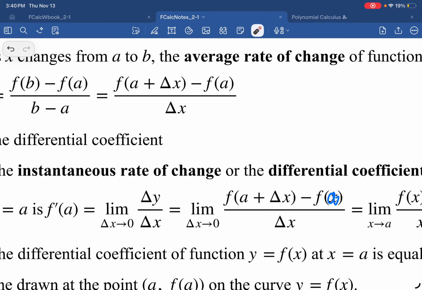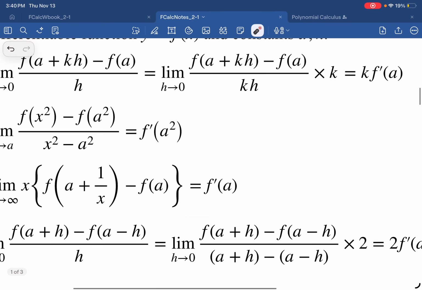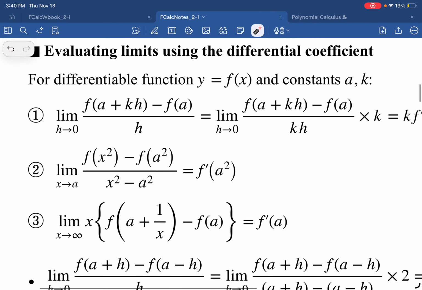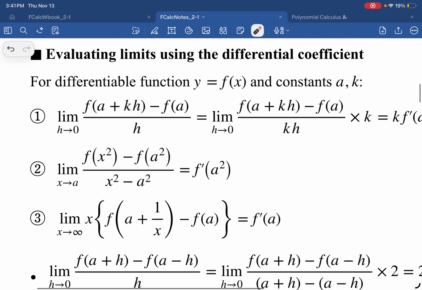A lot of the times we represent delta x by a single letter called h, as you can see down here. Okay, so let's take a look at a few examples now that we learned how the tangent line is defined and how we can manipulate it algebraically. Because as you've seen in the limits and continuity unit, manipulating and modifying the expression to get what we want is very important in solving more difficult problems.